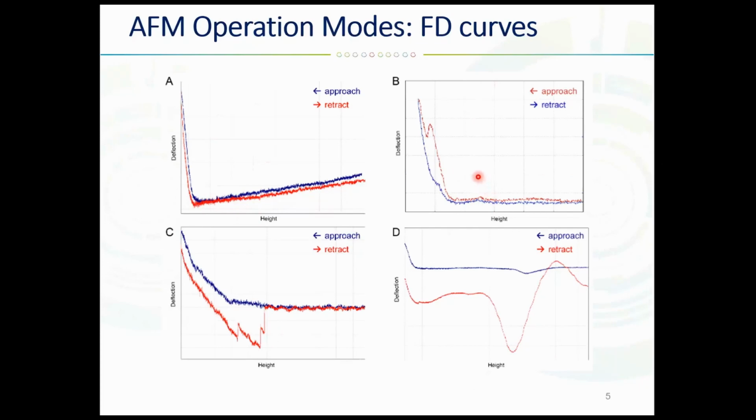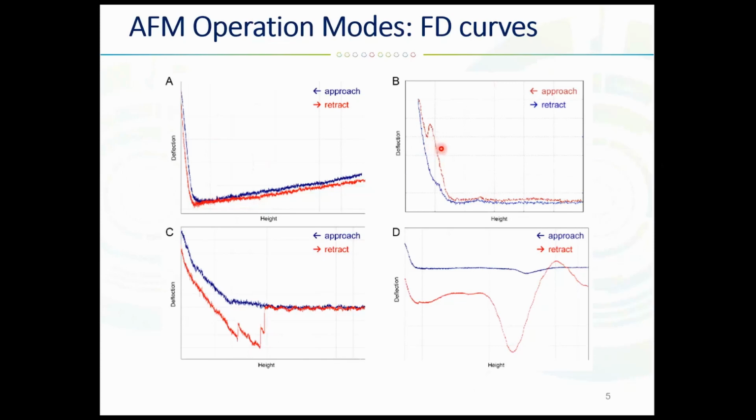On the B plot, you can see a discontinuity on the upward slope section of this curve. This is the place where the probe is indenting into the sample, this approach curve, right? So this indicates a breakthrough of some material on the sample, or probably force-induced movement of a different sample feature.